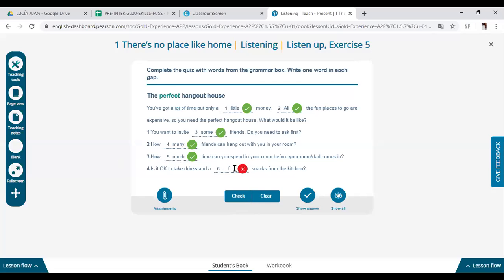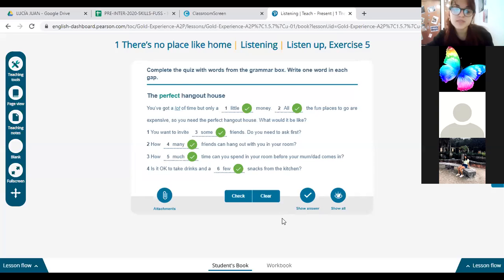Few. The thing is that grammatically, it is okay to say a lot of, but imagine the situation. You're asking permission to take snacks from the kitchen. You're not going to say, I'll take all of the snacks with me, a lot of the snacks. If you're asking for permission, you're going to say, I'll take a few snacks, right?